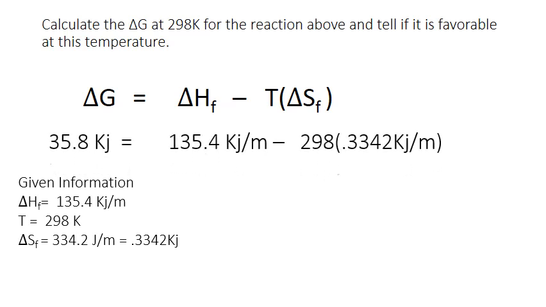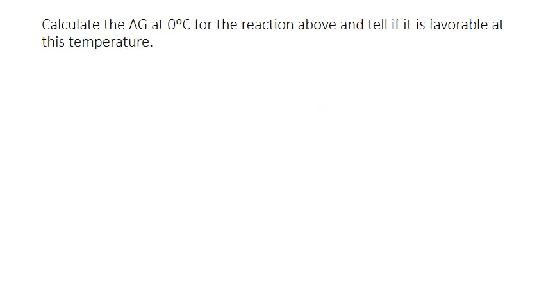So when we plug this in, we have 135.4, and we're going to subtract from that 298 times 0.3342 kilojoules per mole. When we do this, we get a positive 35.8 kilojoules. Since our delta G is positive, we would know the reaction is not favorable or spontaneous.